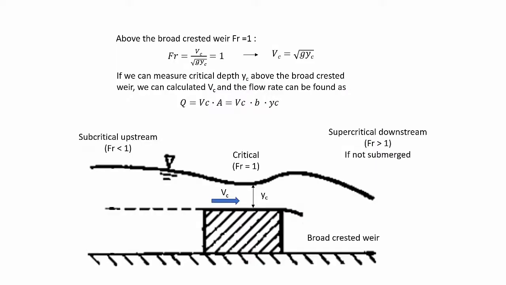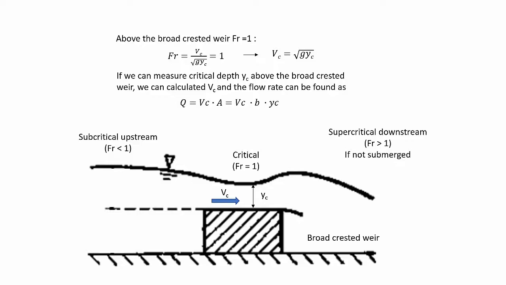A broad-crested weir is often used as a measuring device to get the value of discharge Q. In practice, discharge Q is not trivial to measure. This provides a way to measure it. If the weir's nappe is not completely submerged, the extended length of a broad-crest weir provides a transition of the flow from a subcritical state to a critical state.